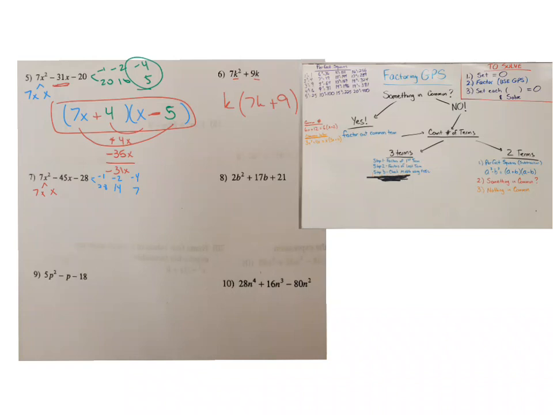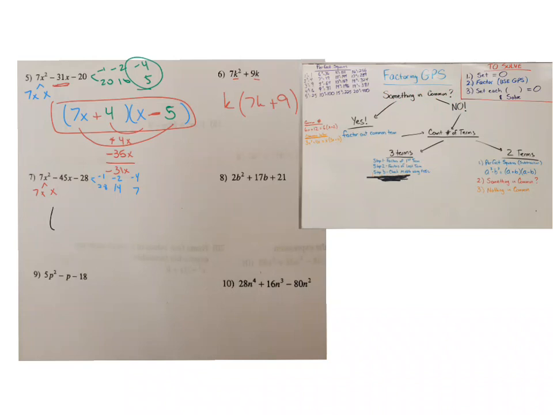Now a good rule of thumb: if you do step 1 like you're supposed to, where you always look for something in common, and this is a little bit more complicated and somebody might not understand right away, which is not the end of the world. But if you do this every time, if you don't have anything in common in your original problem, when you write your parentheses, you can't have anything in common.